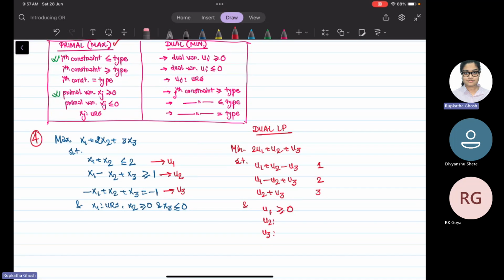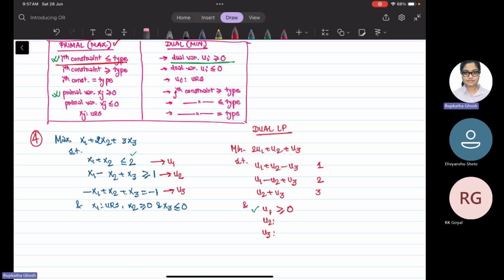This is the cheat sheet: the first constraint is a less than equal to type, so the corresponding dual variable is greater than equal to 0.